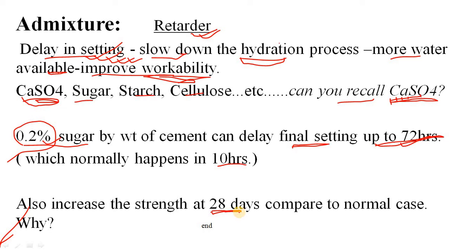Why does this happen? In the hydration of cement video, I told you that this is the cement particle, and beside it a CSH gel is formed. I think you recall that. When the CSH gel hardens, water cannot penetrate anymore and cannot reach the remaining cement particle.